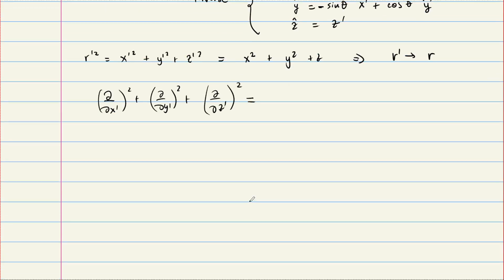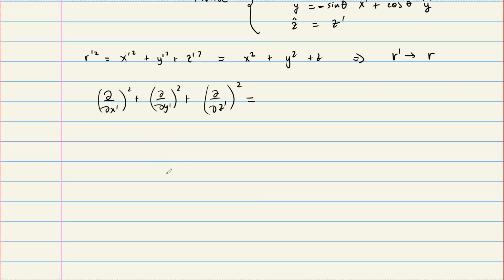Let me write it here, not to make a mistake. So this is del x prime, del x, plus del x, del y, del x prime, del y, and there's no z.